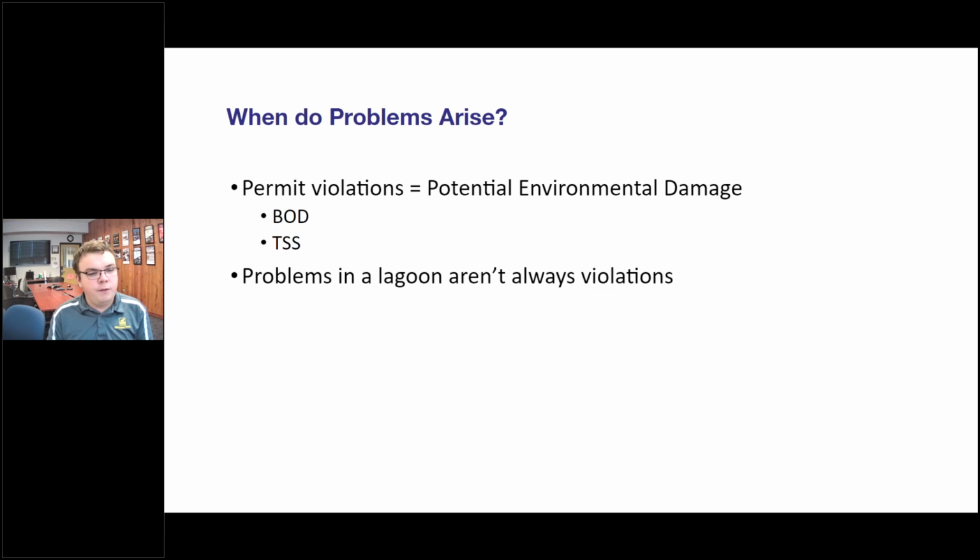With BOD, if you have a high biological oxygen demand coming out into the water, it's going to suck all the oxygen out of that receiving water, and it's going to choke out the fish, wildlife, everything in there, because it's just not going to live in that anaerobic environment that's forming. With total suspended solids, if you're putting a high amount of solids into the water, it's going to block out sunlight, kill off algae, and put toxins in the water through more algae die-offs and more fish dying and that kind of thing.